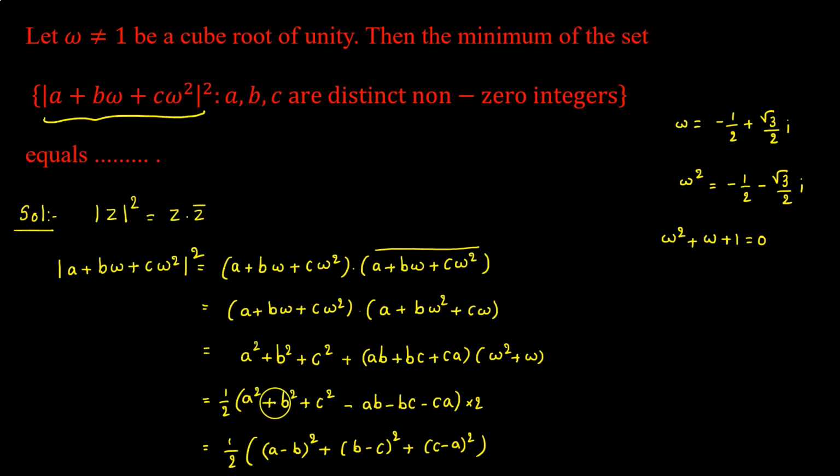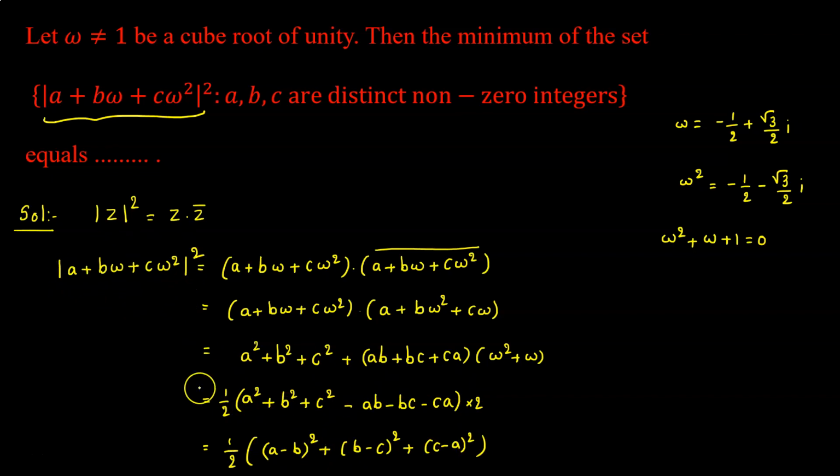Now because here 2a square, so a square and a square, 2a square, b square and b square, 2b square, c square and c square, 2c square, minus 2ab minus 2bc minus 2ca. So this will be the same as this. So we can write this quantity in this form. So therefore this quantity is equal to this.